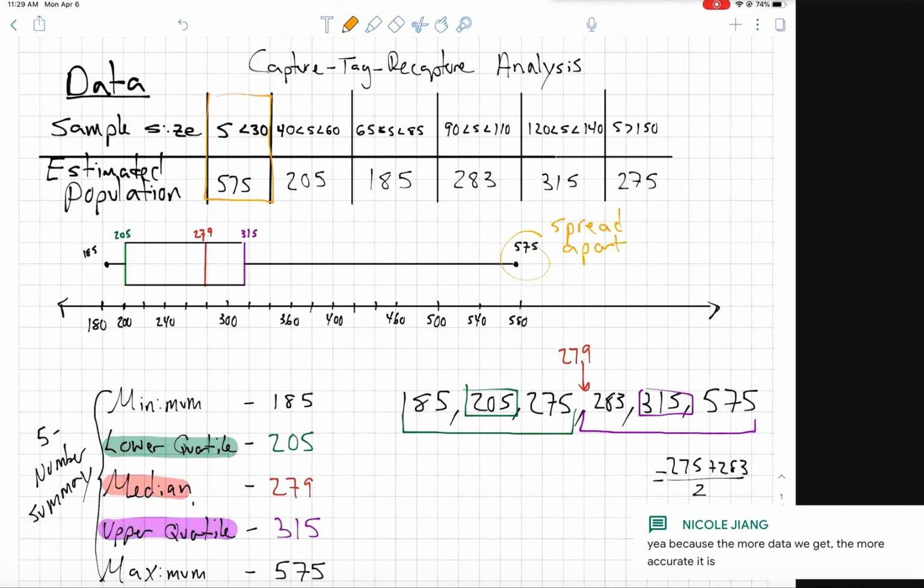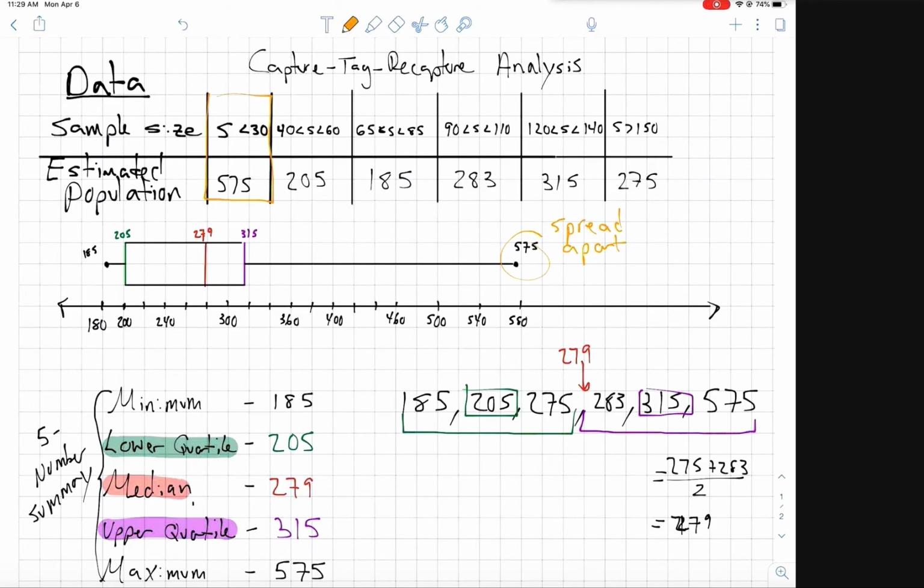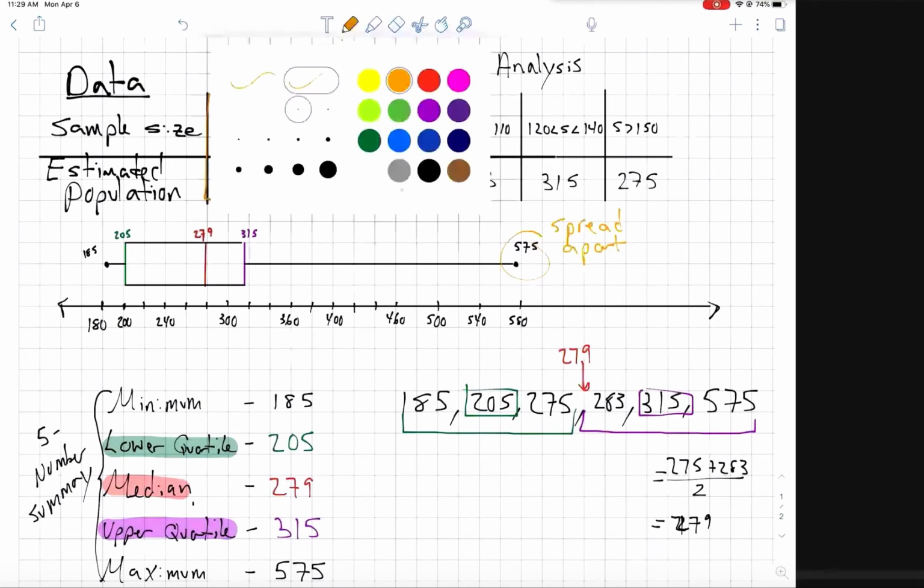So Nicole just said the more data we get, the more accurate our estimation is. What do we think about that? That's true. You guys think that's true? So what's the opposite statement of that? The less data, the less accurate it is.